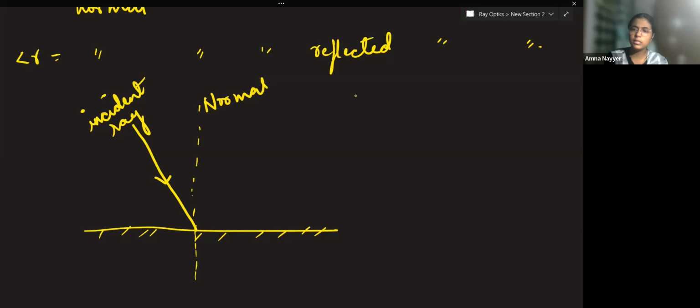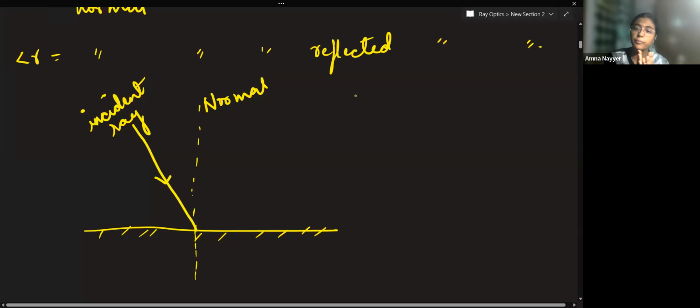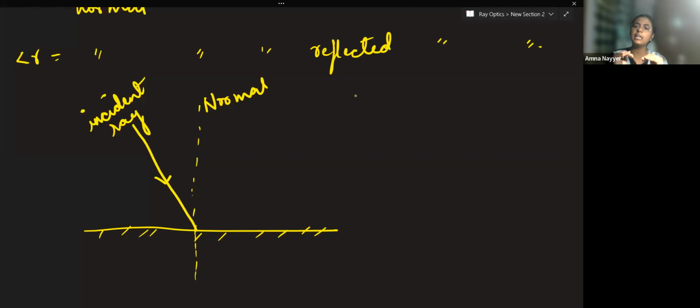Normal here does not mean abnormal; it means at 90 degrees. So if you have a plane surface and drop a perpendicular, this forms your normal.